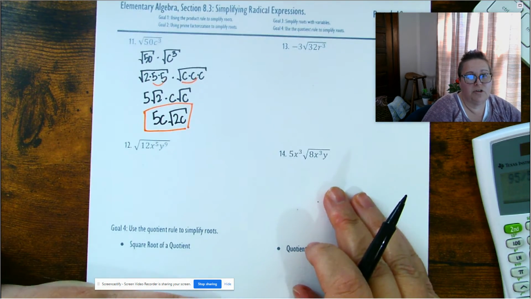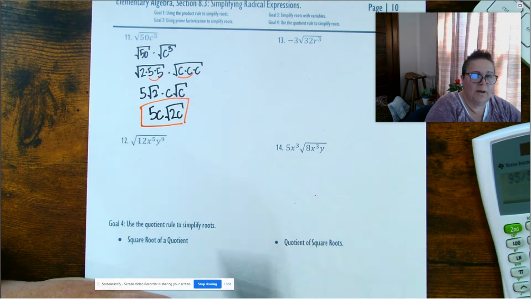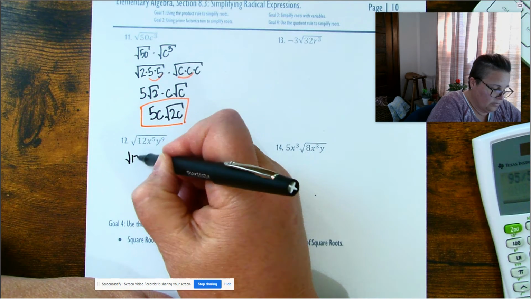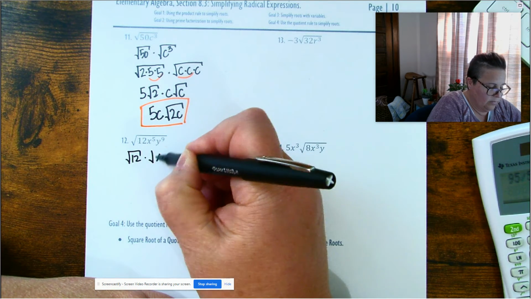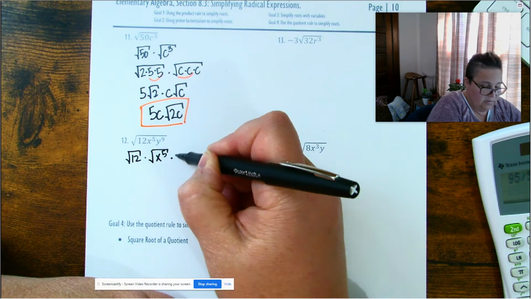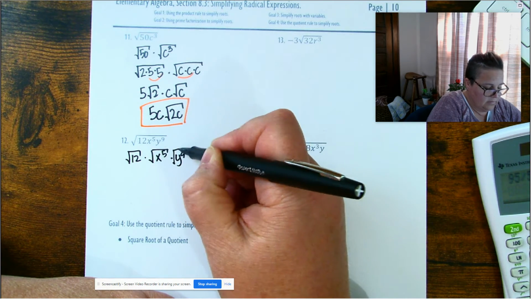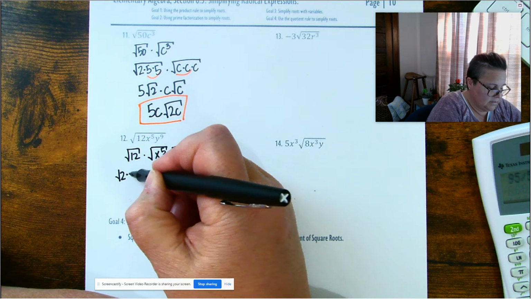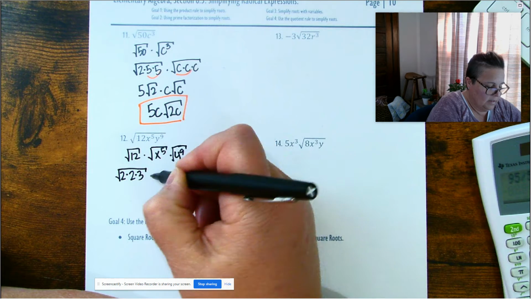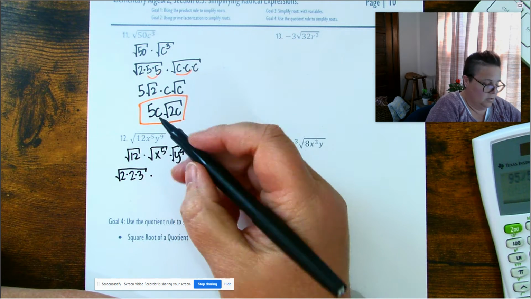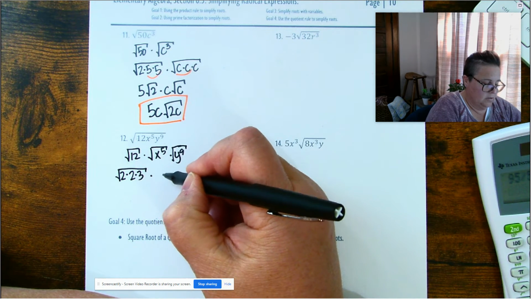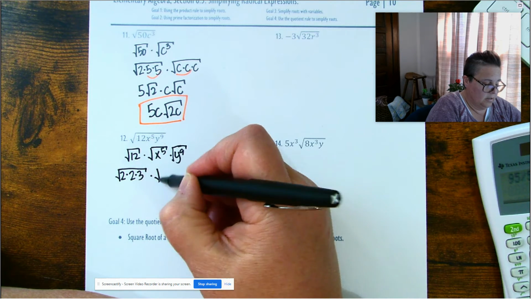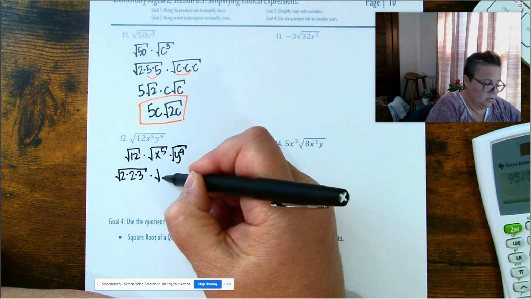Right? Problem number 12, we have the square root of 12, x to the 5th, y to the 9th. So this would be the square root of 12 times the square root of x to the 5th times the square root of y to the 9th. Sorry, lost that. 12 would be 2 times 6, which is 2 times 3. X to the 5th, I could pull 5 x's.